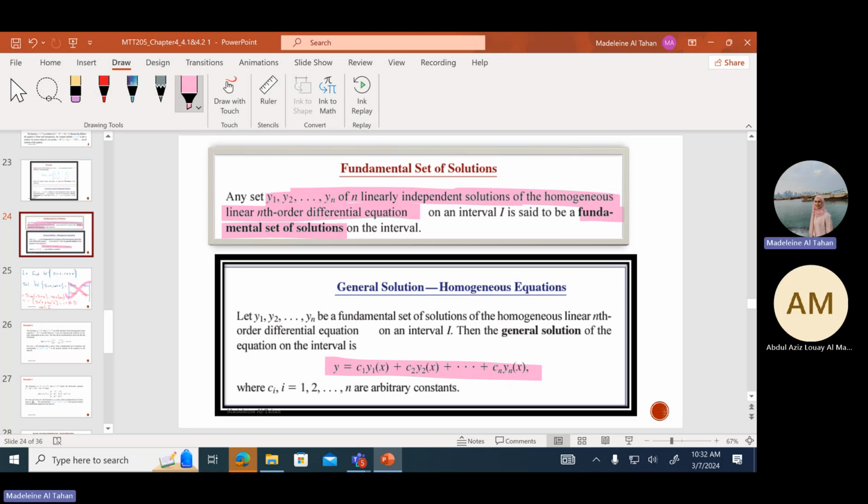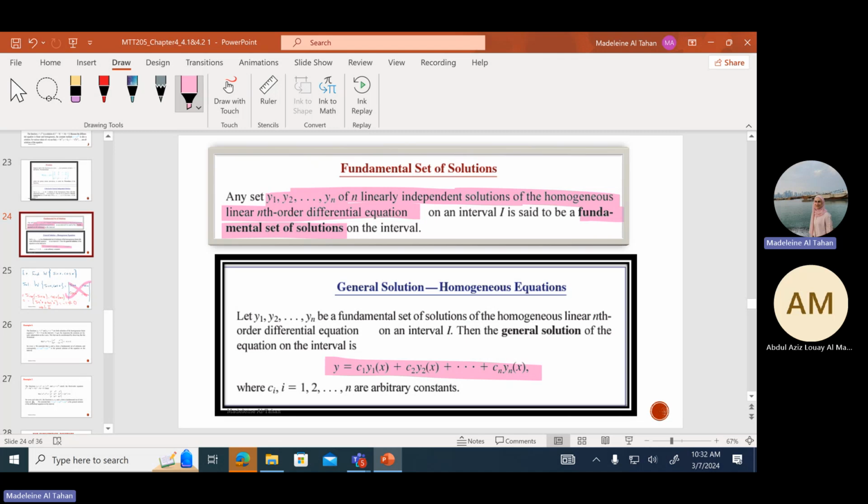Now we know an initial value problem. When can we say that it has a unique solution? We know the boundary value problem can have no solution, infinite solutions, or one solution only. We know what's meant by homogeneous. For the linear differential equation, it means that what's after the equal sign is 0. And we know the Wronskian, how we find it, and its relation to linear independence.